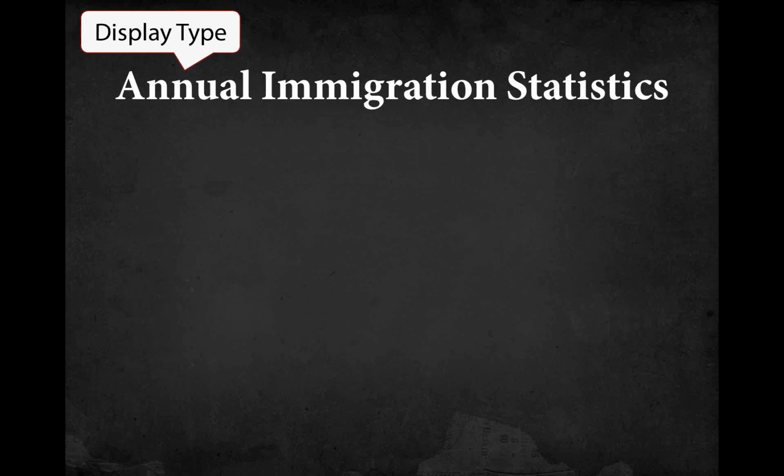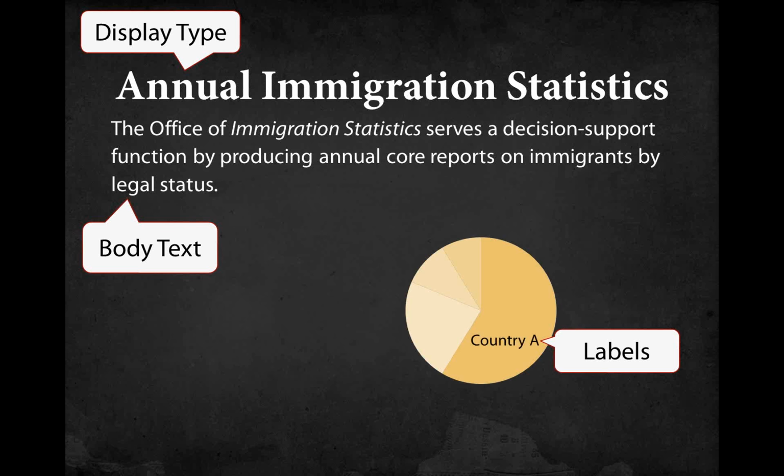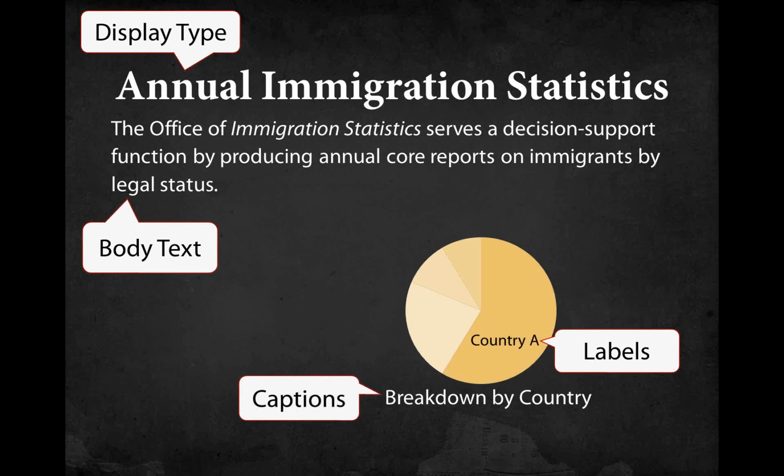So this is from a slide of course I gave for the Immigration Service in D.C. Display type is what they call the large typeface, the large fonts that you use for titles. Then there's body text. There are labels on graphics, and there are captions on graphics.